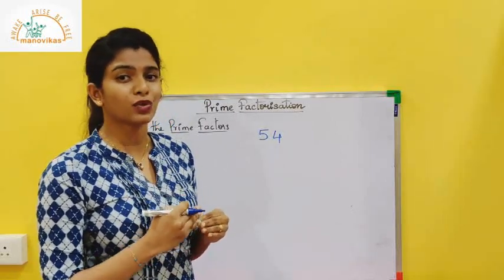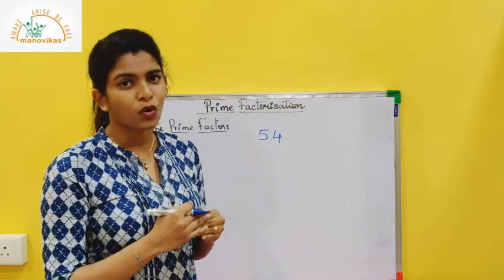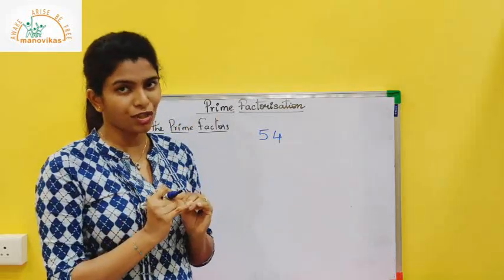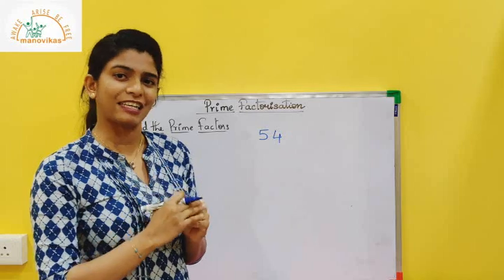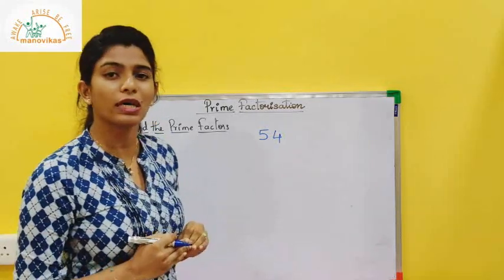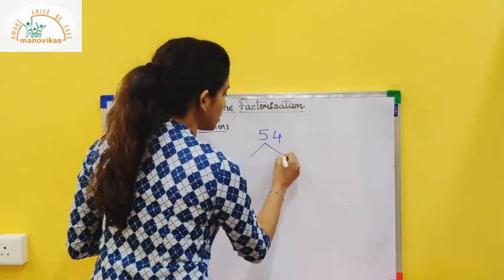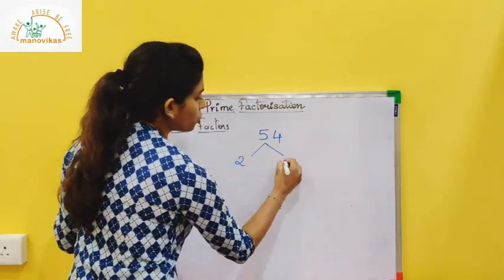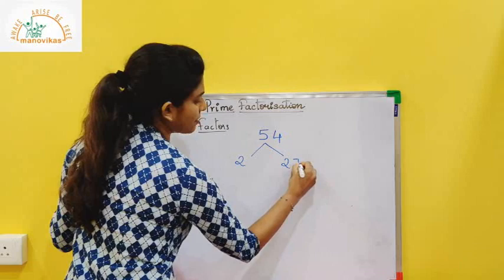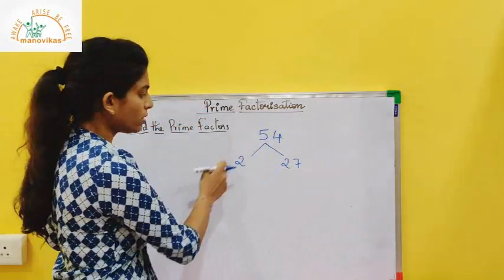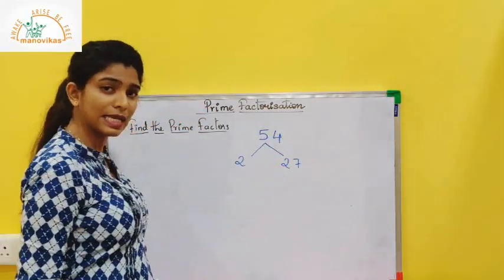Only thing here, we are doing it in a pictorial form. It is like the branches of a tree. That's why it is called a factor tree. Now 54 is an even number. So it is divisible by which number? 2. So 2 27s is 54. 54 divided by 2, I will get 27.